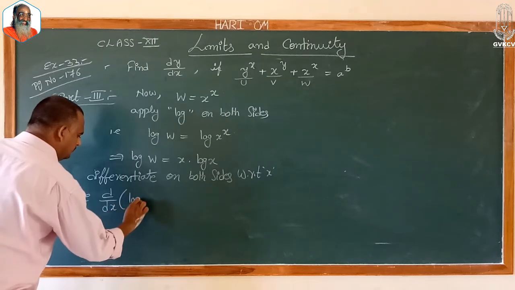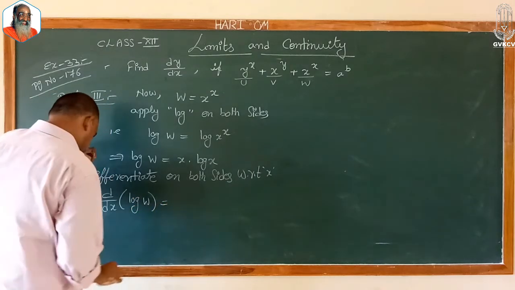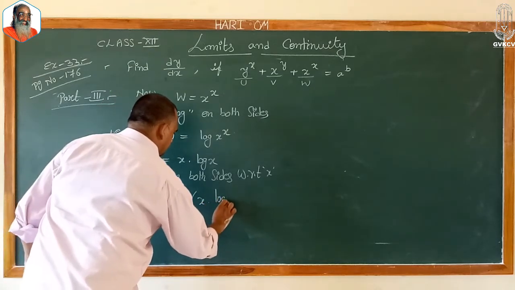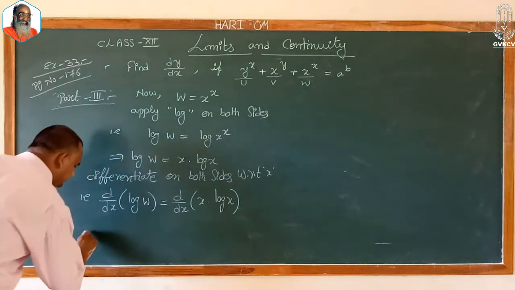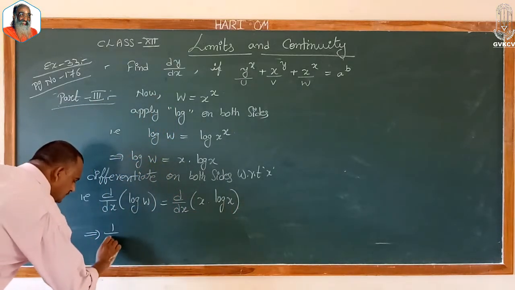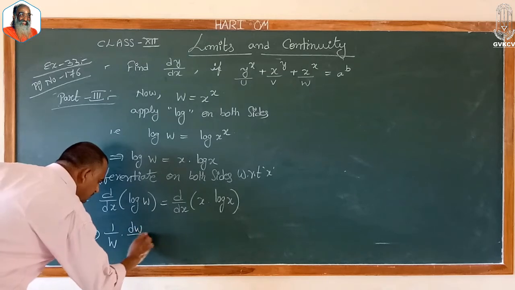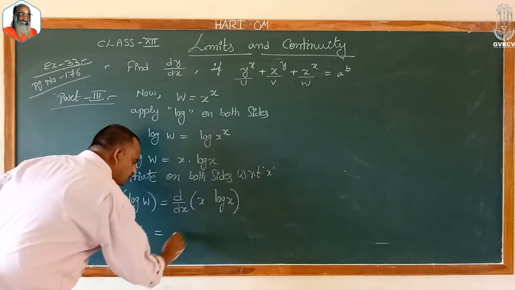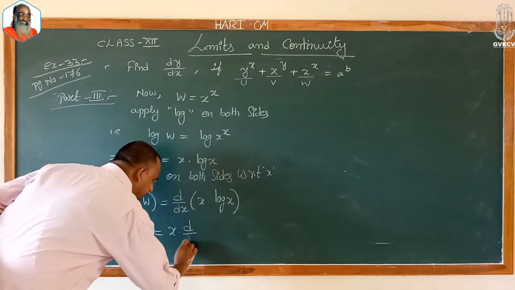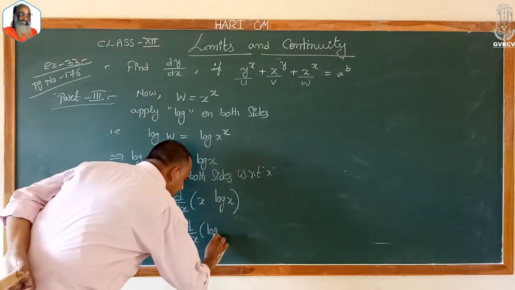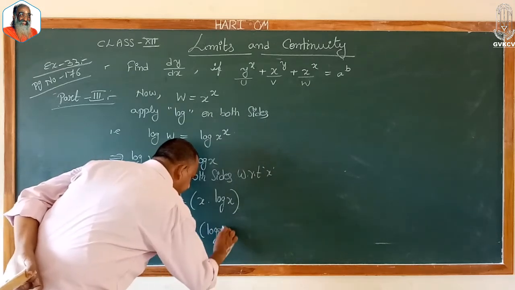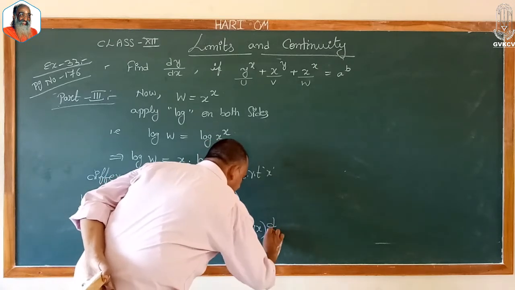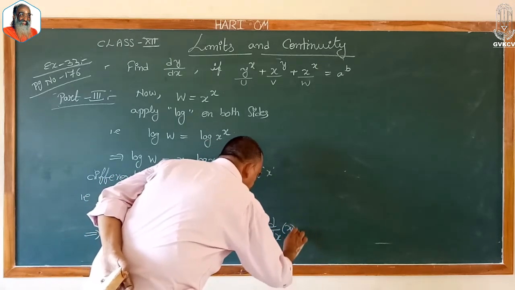d by dx of log w is equal to d by dx of x into log x. So derivative of log w is nothing but 1 by w into dw by dx. Here we are going for the uv rule. So x into d by dx of log x plus log x into d by dx of x.